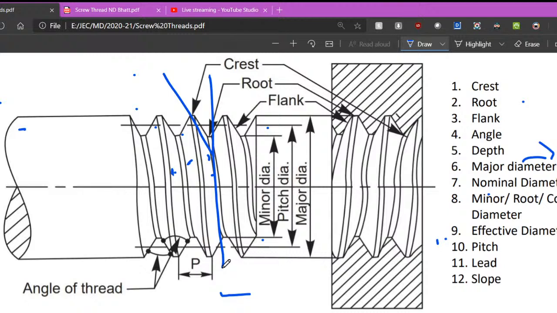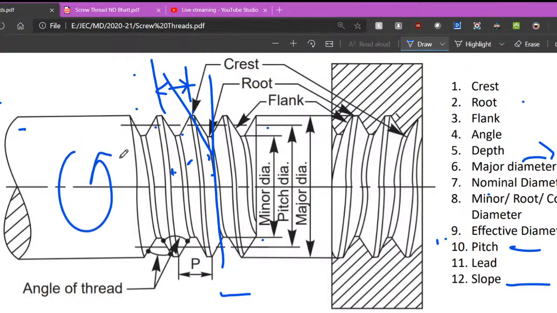And there is one relation between pitch and slope. If this is your pitch, and in one revolution the threads are cut in such a way that you reach from here to here, when you rotate it, obviously it will move either this way or that way.